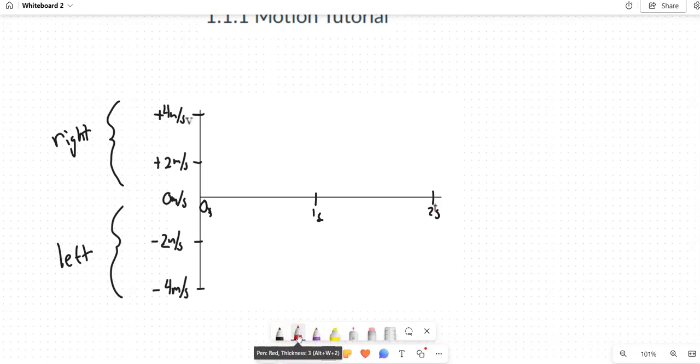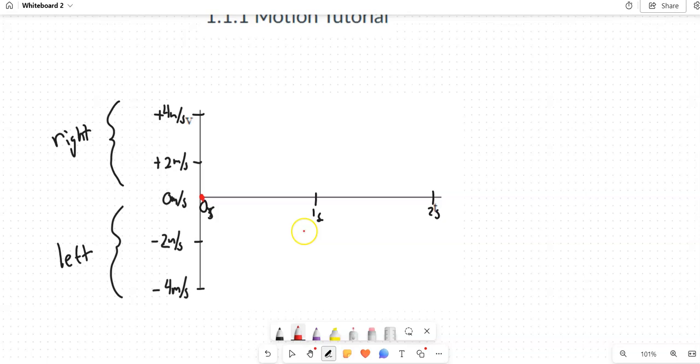So let's go ahead and talk about what a velocity versus time graph would look like if we're representing an object not moving. Well, if an object is not moving, it has a velocity of 0. And if it's got a constant velocity, it means it's not speeding up or slowing down, but it's got a velocity of 0 the entire time. It's going to have a velocity of 0 meters per second at 0 seconds.